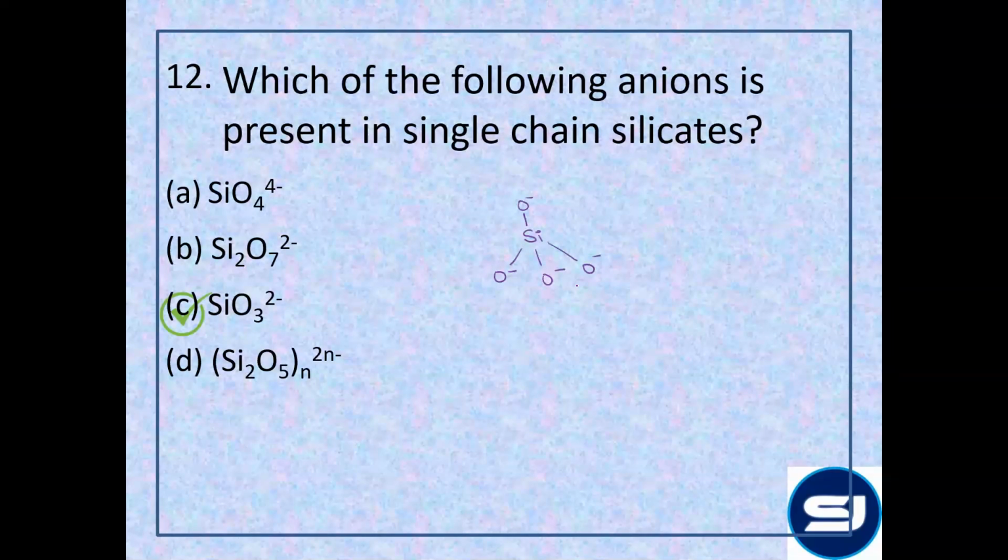So this is SiO4 4 negative. Okay? Si2O7 6 negative is a pyrosilicate which has an Si-O-Si linkage. So when one oxygen atom is between two silicates, that would be a pyrosilicate. These are some important points to be remembered from the silicates part.